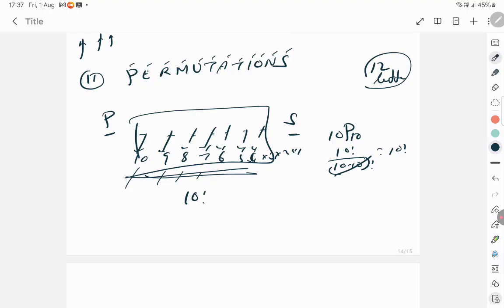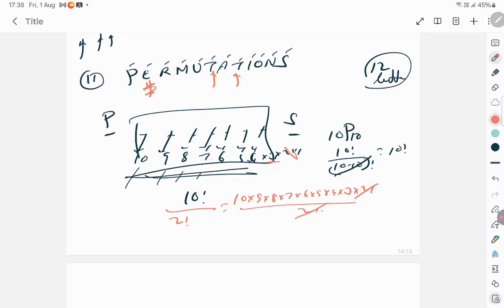But how many repeats are there? E is not repeated. What is getting repeated? T is getting repeated twice. What else is getting repeated apart from T? That's all. So it's 10 into 9 into 8 into 7 into 6 into 5 into 4 into 3 into 2 factorial, and the 2 factorial is going to get cancelled.